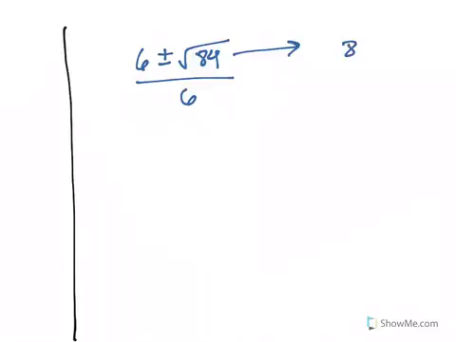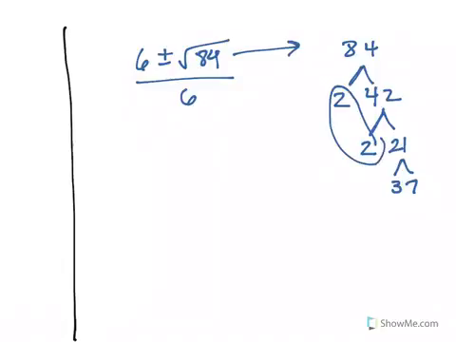Go back, 6 plus or minus square root of 84, all divided by 6. Factor 84. 84 factored is 2 times 42, 2 times 21, and 3 and 7.